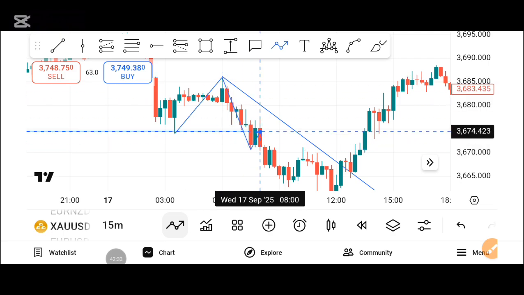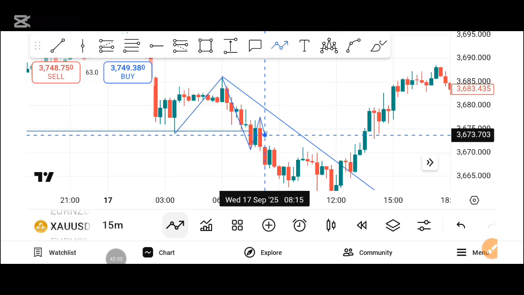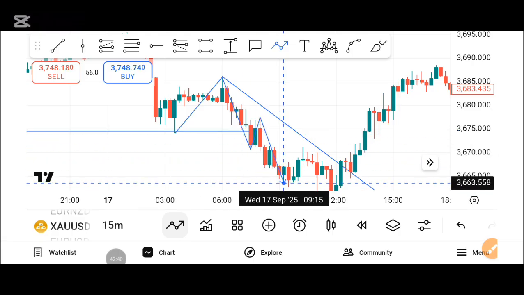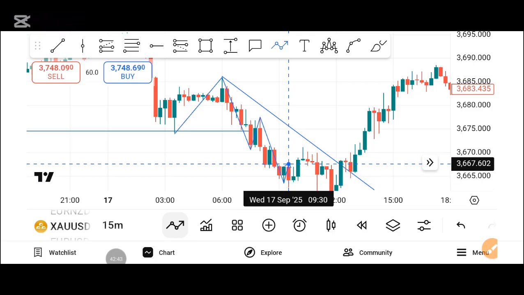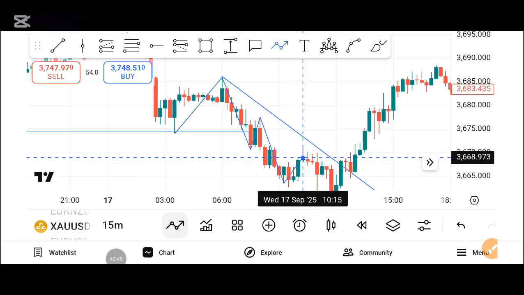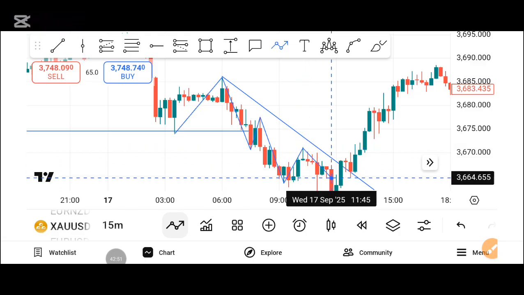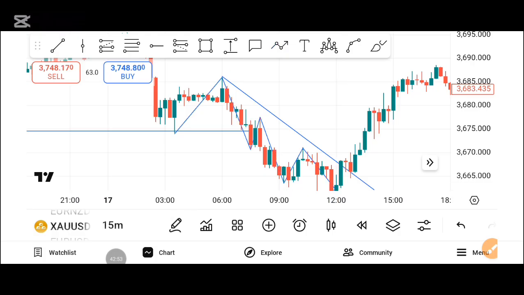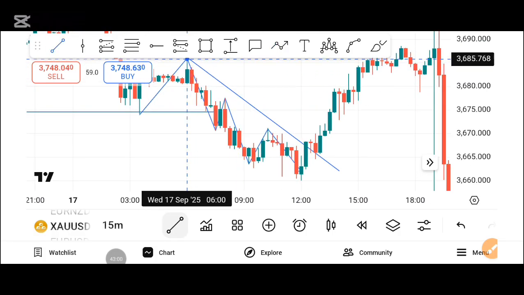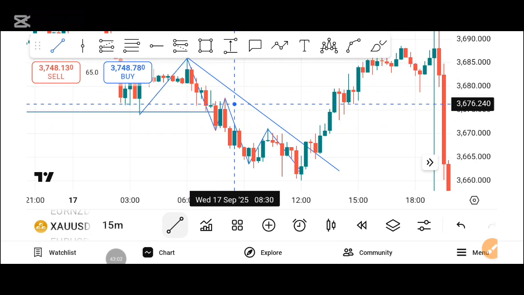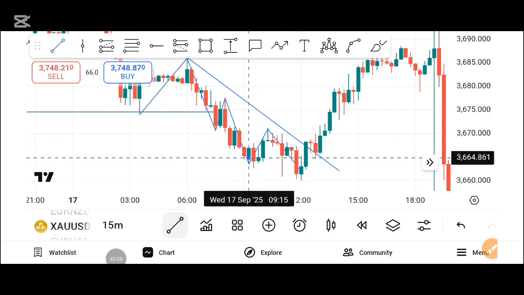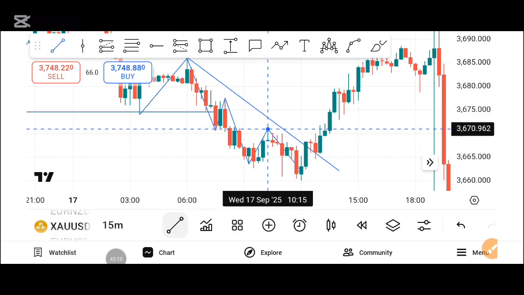Then we have a pullback, then we have a pullback here again. Now in this, our inducement was sitting down here, but after a break of this high here, our inducement was transferred from here to here. But after a new break of this high here, our inducement was transferred to here.